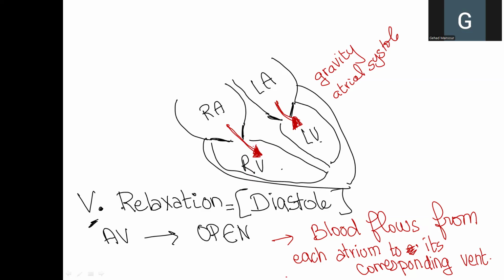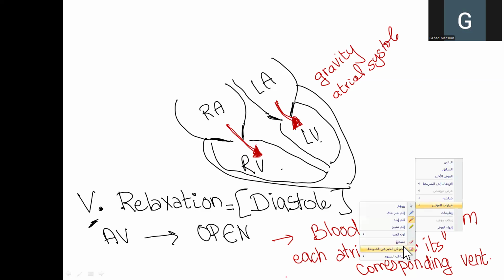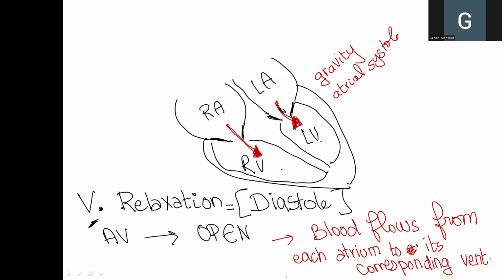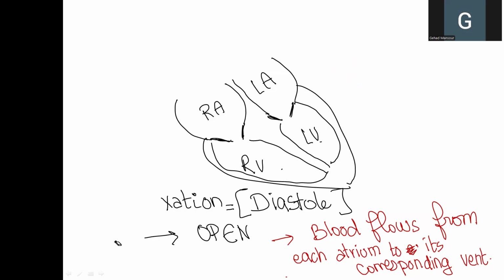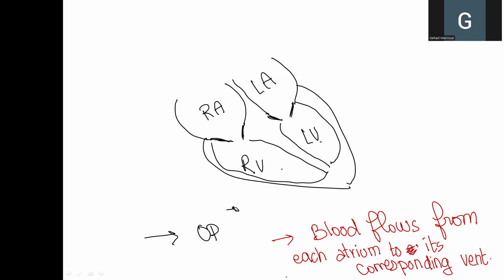And now we're going to see what happens during ventricular contraction. Actually, what happens during ventricular contraction will be the opposite, meaning that the valves will be closed. First of all, why do ventricles contract?